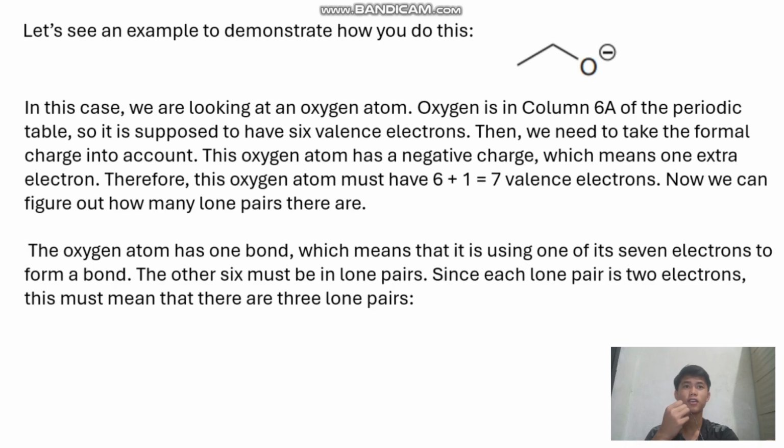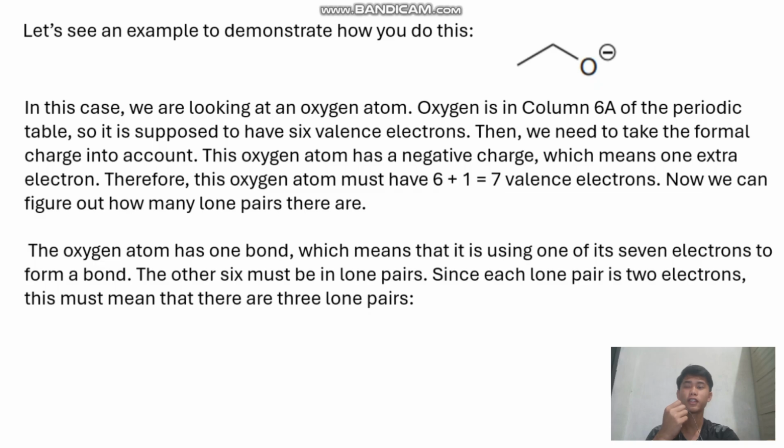The oxygen atom is in column 6A of the periodic table, so it is supposed to have 6 valence electrons. Then, we need to take the formal charge into account. This oxygen has a negative charge, which means 1 extra electron. Therefore, this oxygen atom must have 6 plus 1 equals 7 valence electrons.